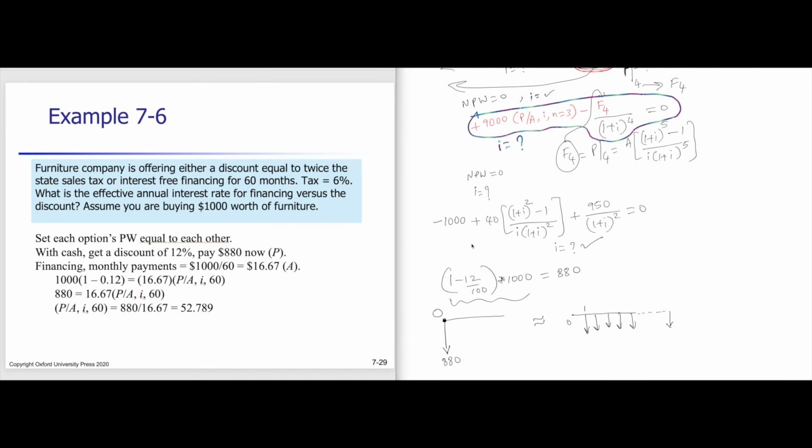This is at the end of first month, second, third, fourth, up to the end of 60th month. For 0% interest financing, we have to do 1000 over 60. What is 1000 divided by 60? We have 16 point something. So either we can pay $16.66 every month for 60 months, or we can pay $880.